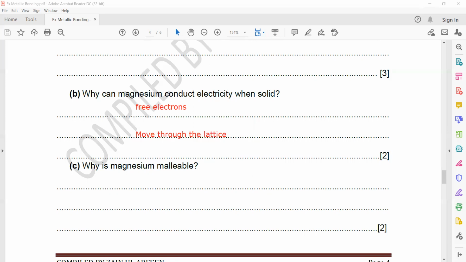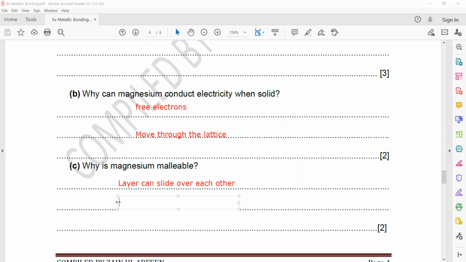And then, why are metals malleable? The layers of positive ions can slide or slip over each other. When you write layers can slide over each other, you will get 1 mark.